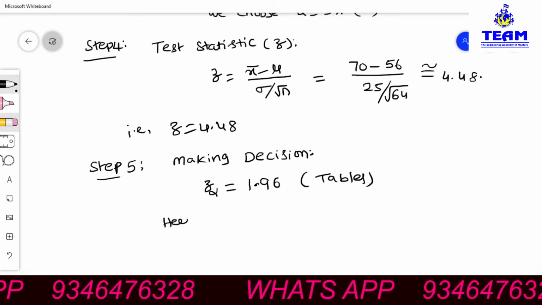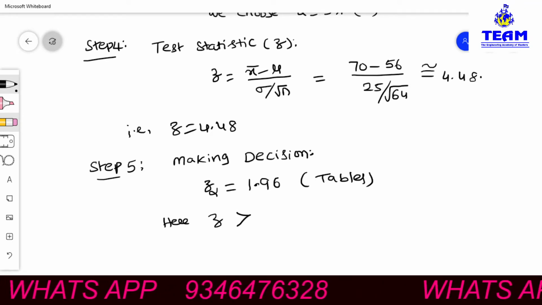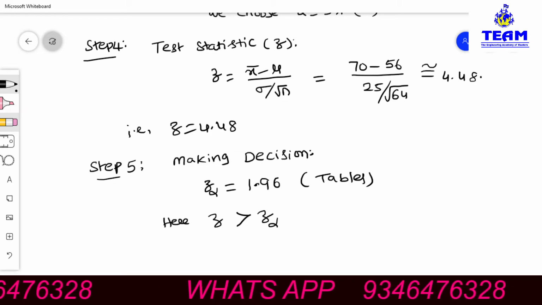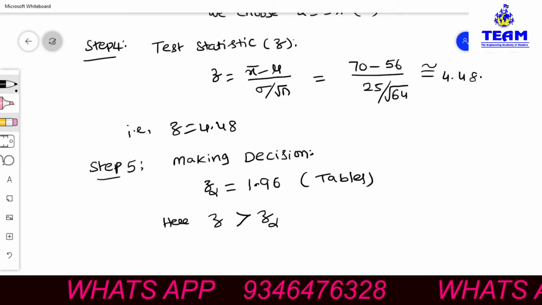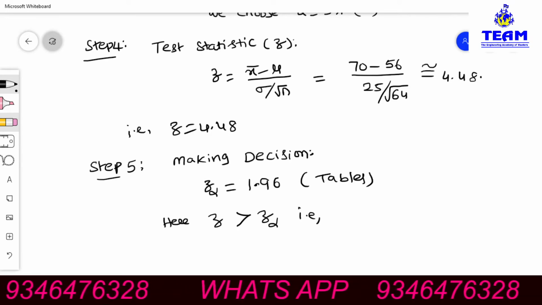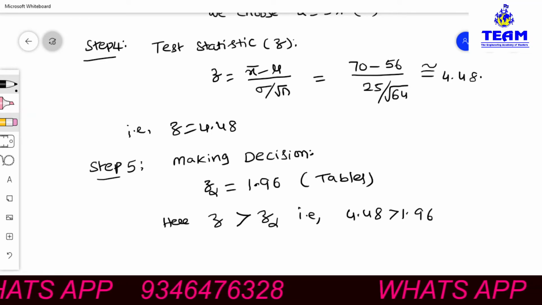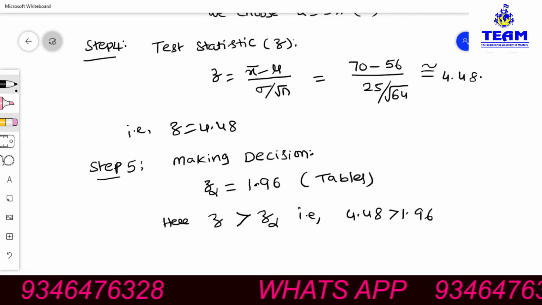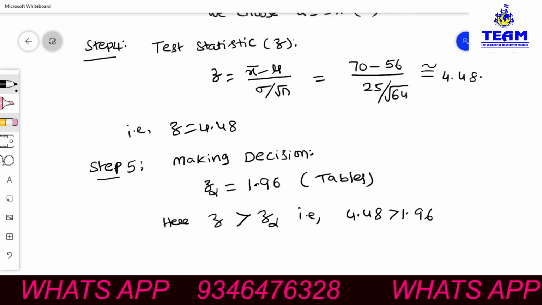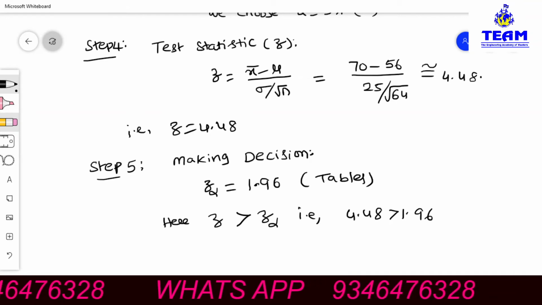Here the calculated value is greater than the significant value, that is the table value. That means 4.48 is greater than 1.96. Of course, we already know whenever the calculated value is more than the table value, we can reject the null hypothesis.